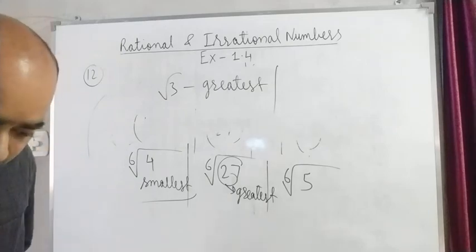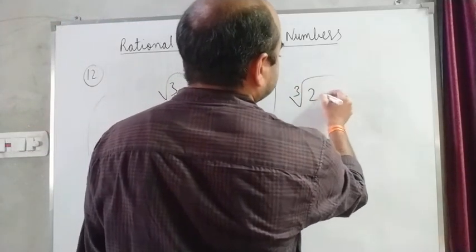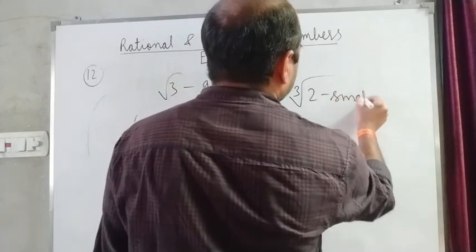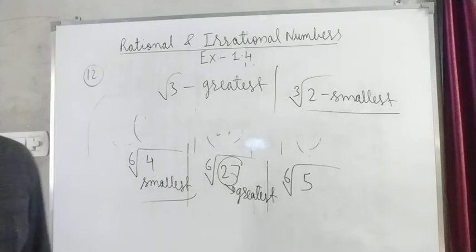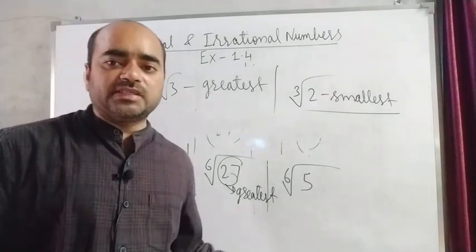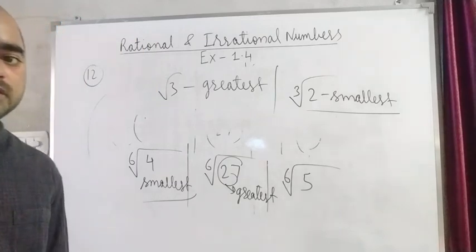It means the first number, cube root of 2, is smallest. Clear? So this completes our exercise 1.4. Okay, thank you.